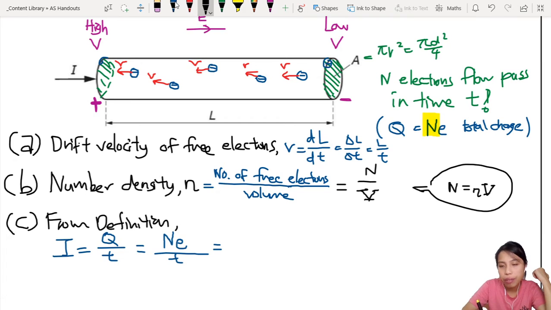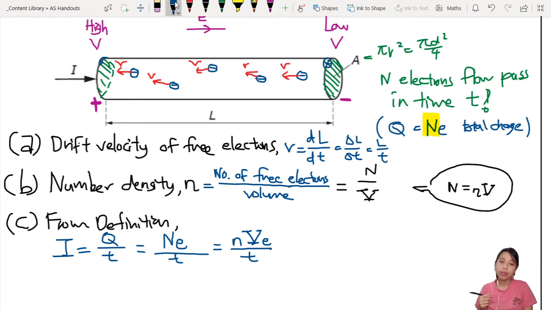So I can plug that into N over here. So that will be number density, times the volume of this segment of wire, times the charge of each electron.